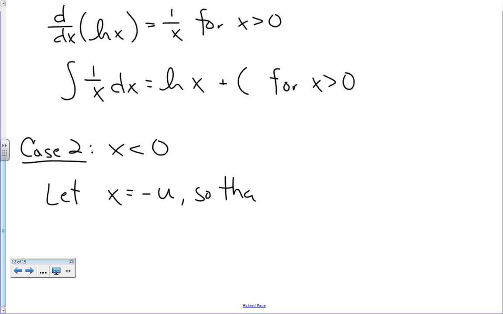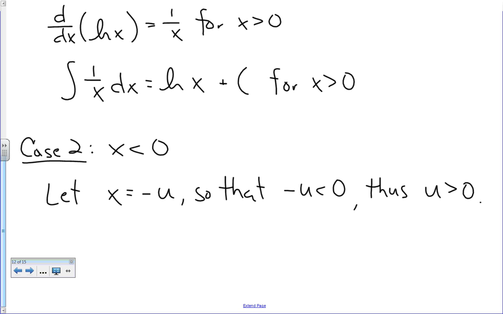Since x is less than 0 and x is the opposite of u, that means the opposite of u is less than 0. And if the opposite of u is less than 0, that means u must be greater than 0. If I multiply through by a negative 1, or divide through by a negative 1, don't forget you switch the inequality when you do that.